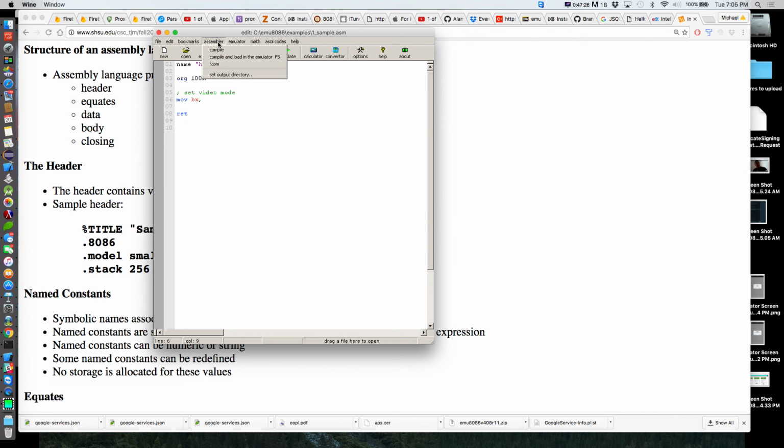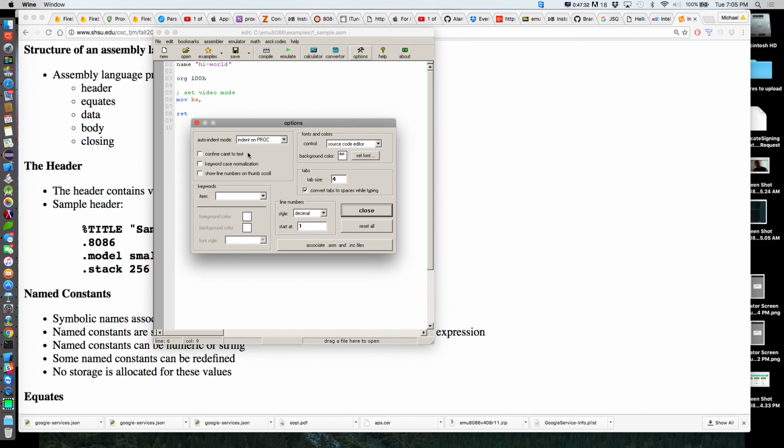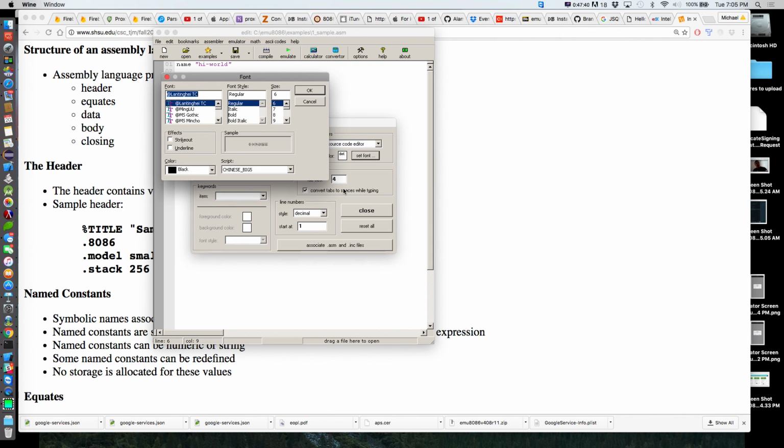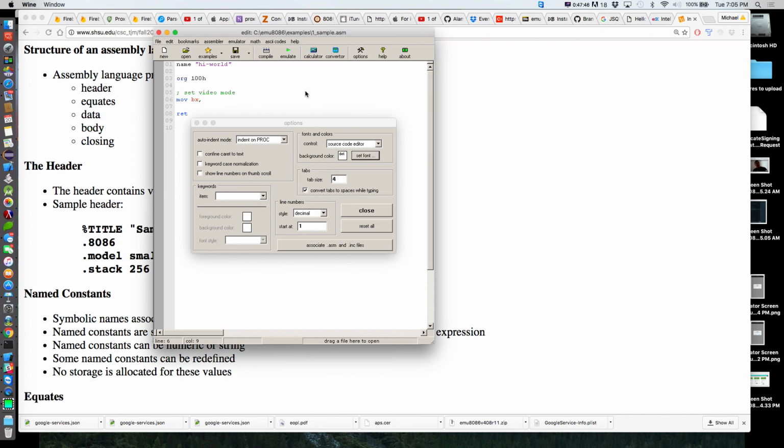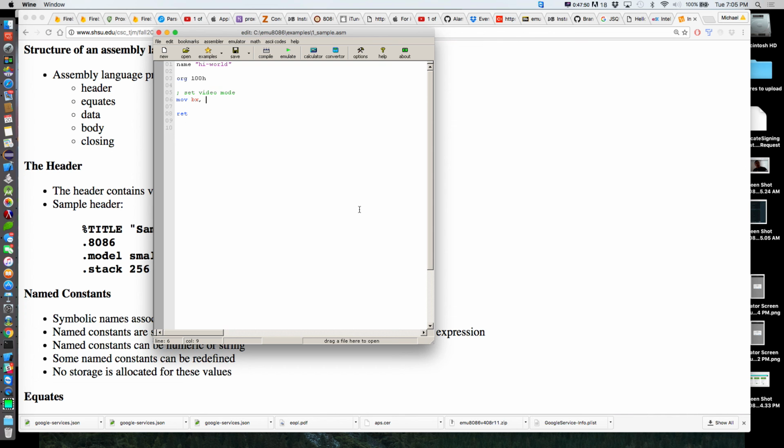Let's see. Options? Set font. What is that? Monster. Change it to font 66?